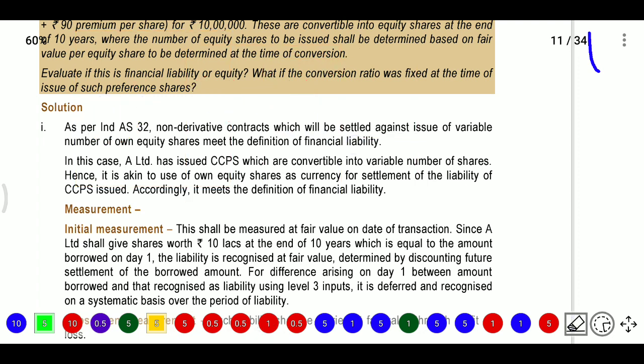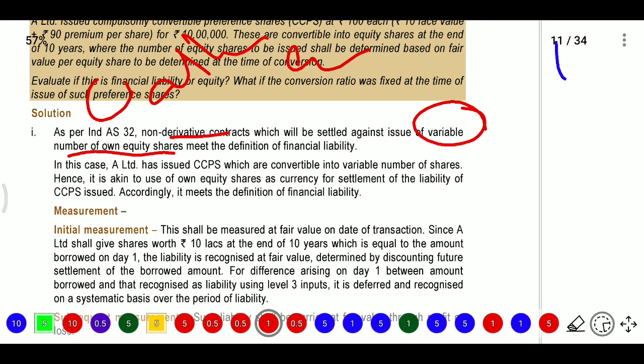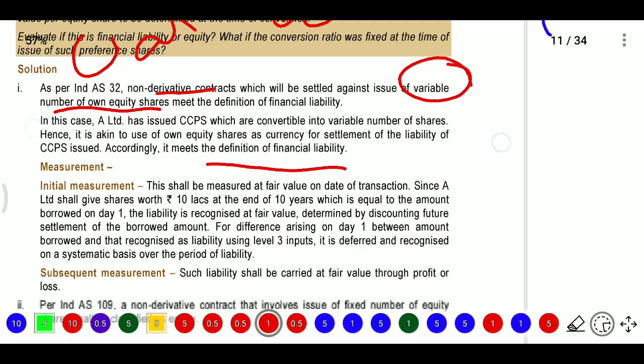So when we are settling with a variable number of equity shares, it will be a financial liability. In this case A Limited has issued CCPS which are convertible into a variable number of shares. Hence it is akin to use of own equity shares as currency for settlement of the liability of CCPS issued. Accordingly, it meets the definition of financial liability.